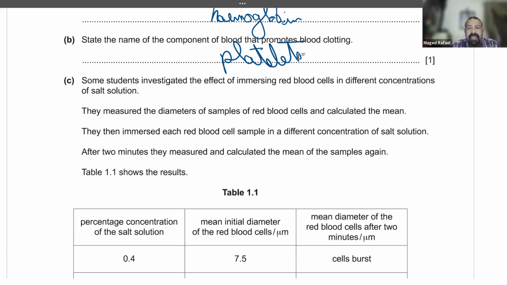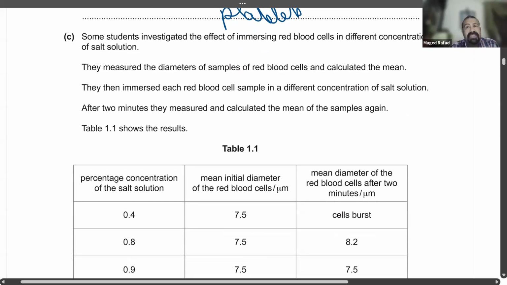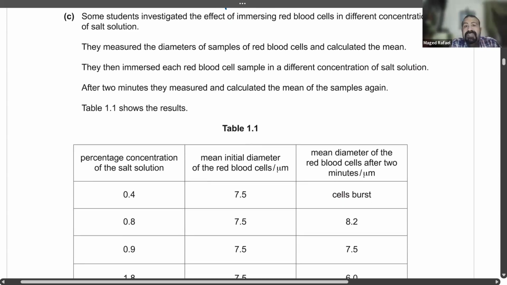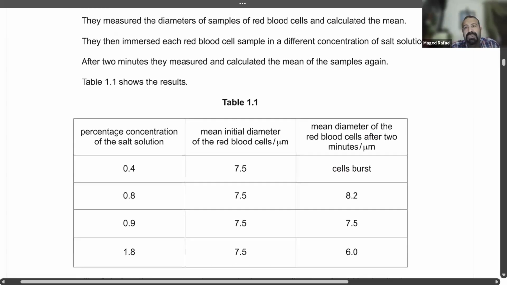Question C: some students investigated the effect of immersing red blood cells in different concentrations of salt solution. They measured the diameters of samples of red blood cells and calculated the mean. They then immersed each red blood cell sample in a different concentration of salt solution.